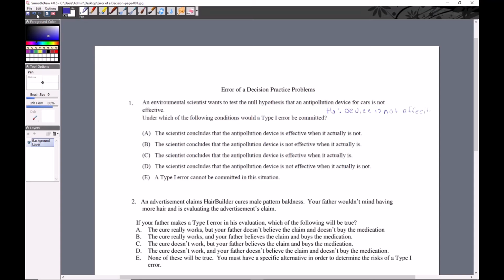I think I misspelled that. Get this off of here. All right, sorry about that. And let's just go ahead and put HA. And we'll just say device is effective.